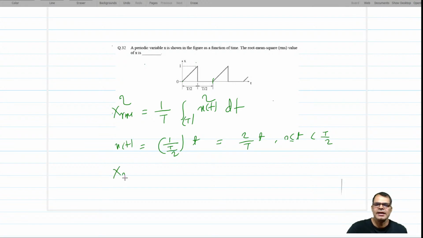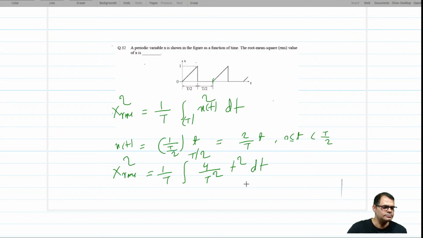So x RMS square is equal to 1 upon T as usual. You see that x of t exists from 0 to T by 2, and your integration also runs from 0 to T by 2, and the square of x of t, that is 4 upon T square times t square dt, right?